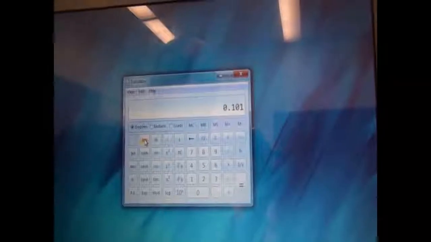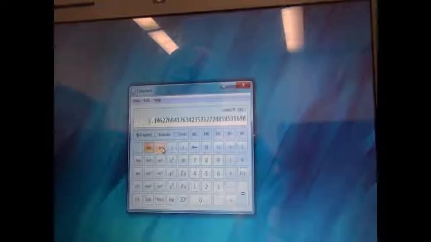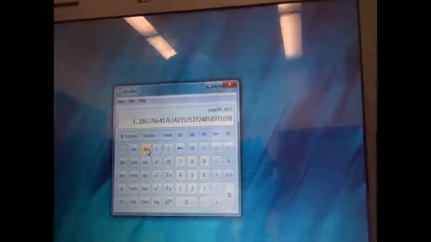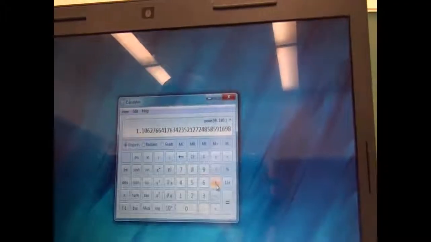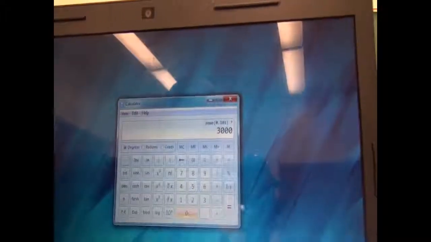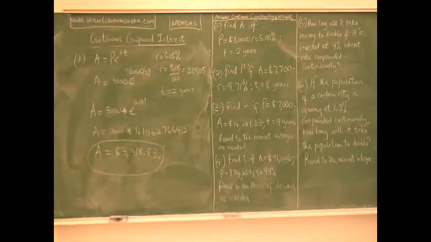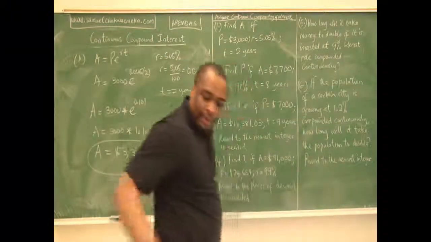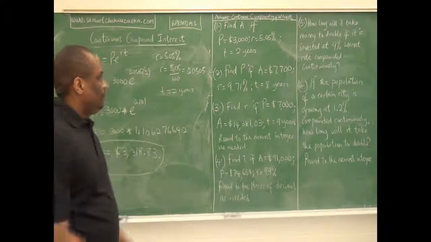Then I have to do inverse to get my e, and then I'll do e raised to power that immediately. I press the e immediately. It gives me that right away. Then I'll do times 3,000, equal to, and it gives me the answer. So that's the way you do it on the calculator on your computer. And round up as needed, 2 decimal places.